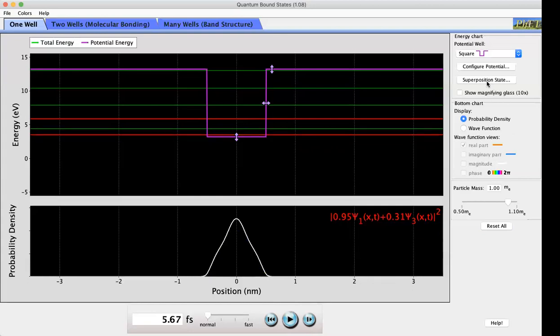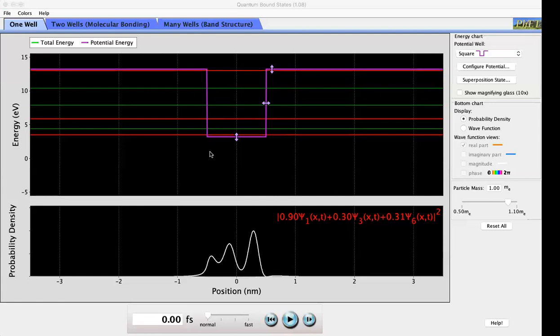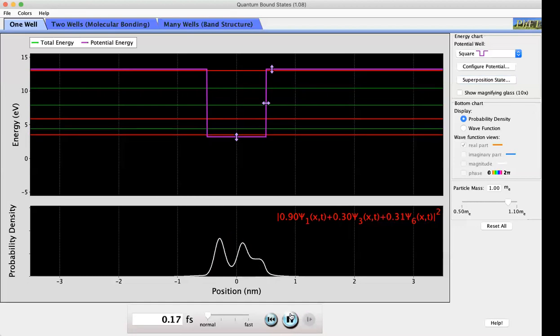In general, you can superpose any number of modes. You can superpose, for example, like this. And if I run this, probability density sloshes around the well in some complicated way.